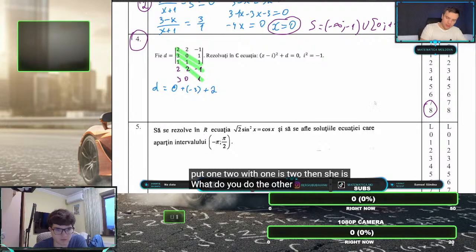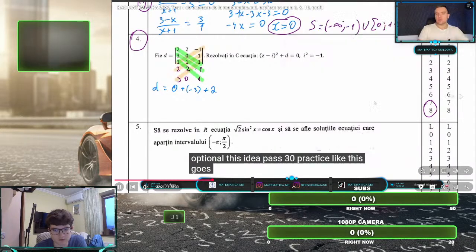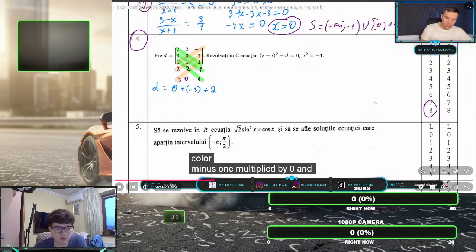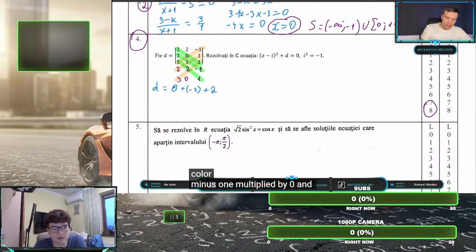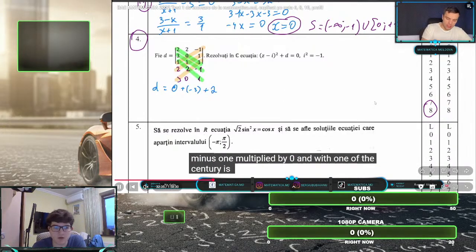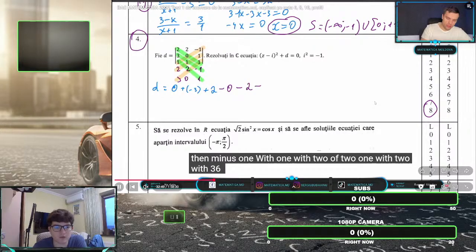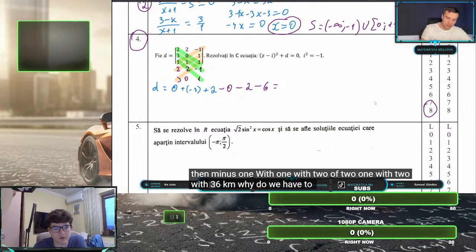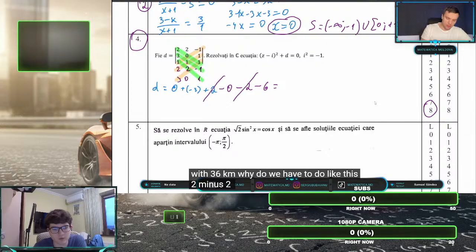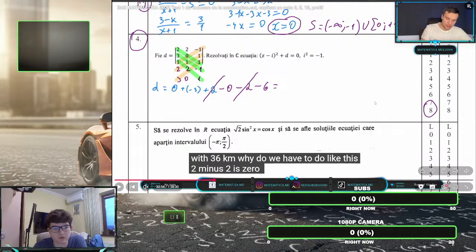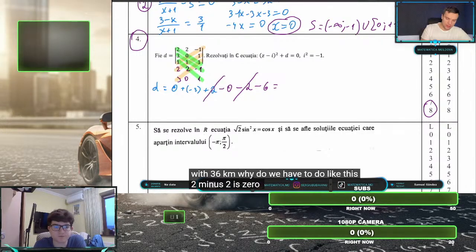If you just do it fast like that, it's going to end up like this with green lines, how I explained. Now minus, we got 0, and then minus 0.